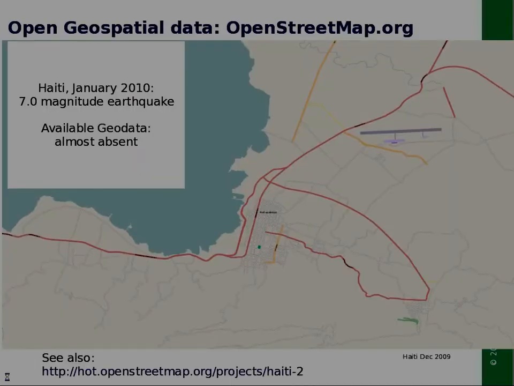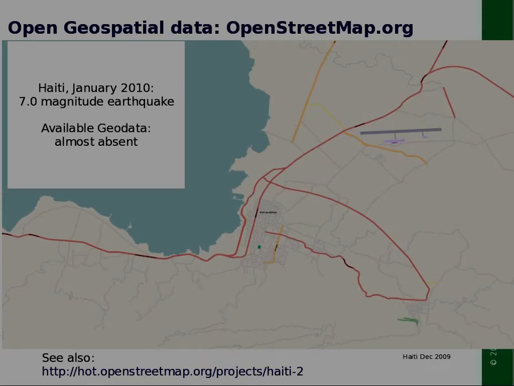A very important dataset is the OpenStreetMap dataset as an example of crowd sourcing and crowd mapping. An almost famous example is the big earthquake which happened in Haiti in January 2010.